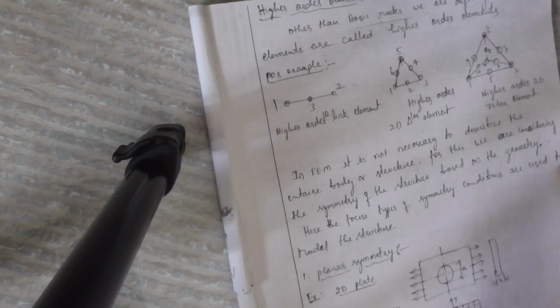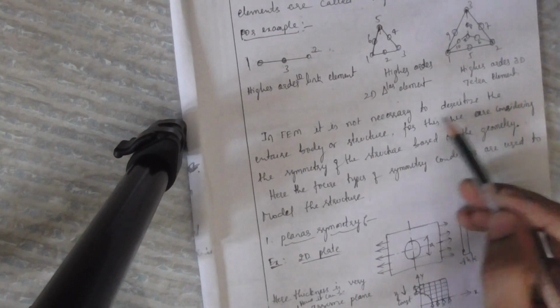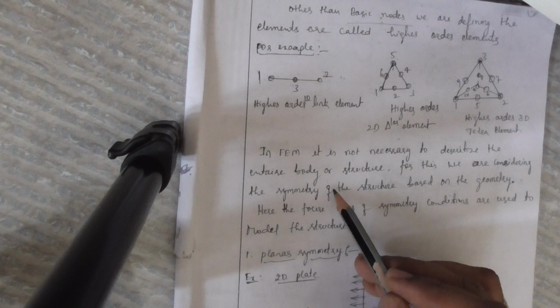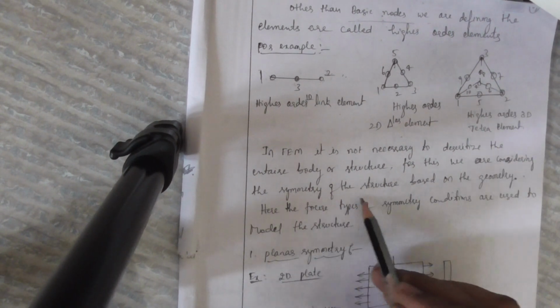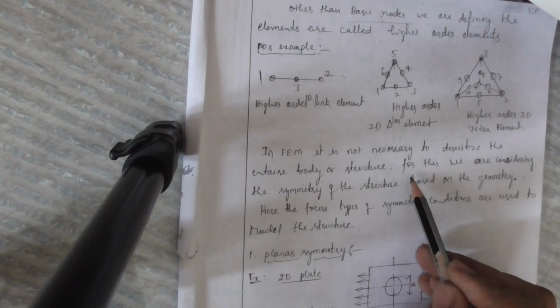Okay, in FEM it is not necessary to discretize the entire body or structure. For this, we consider the symmetry of the structure based on the geometry.